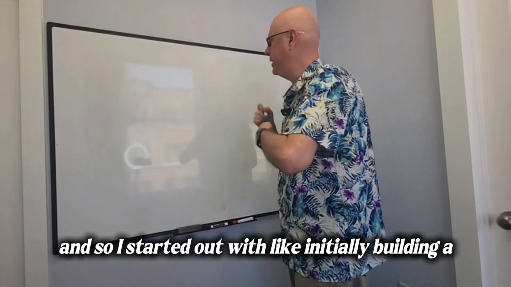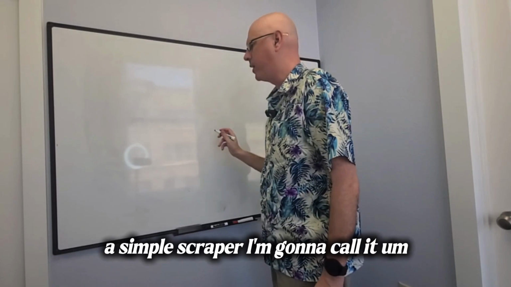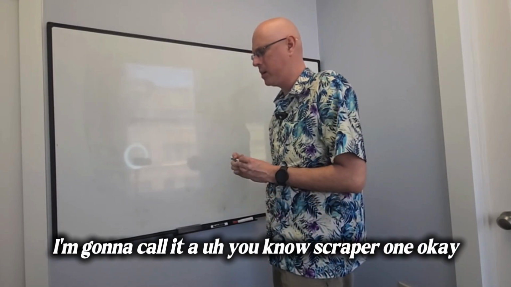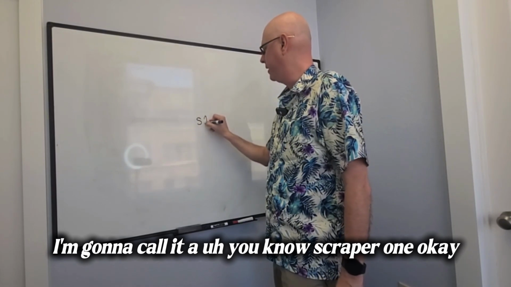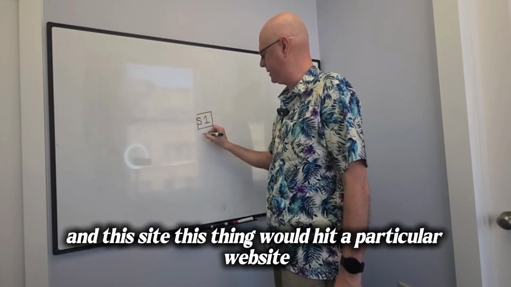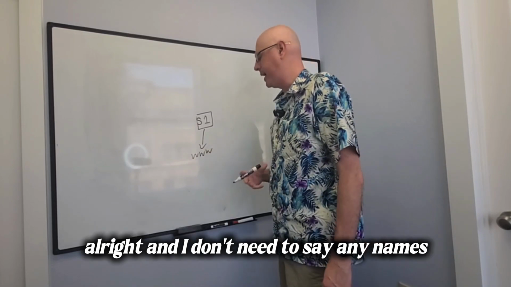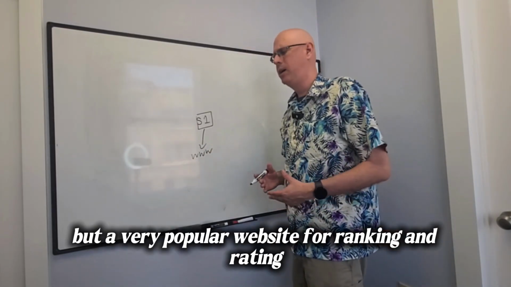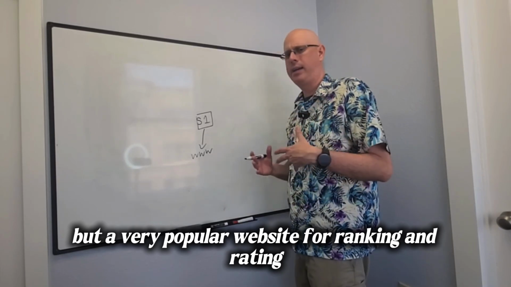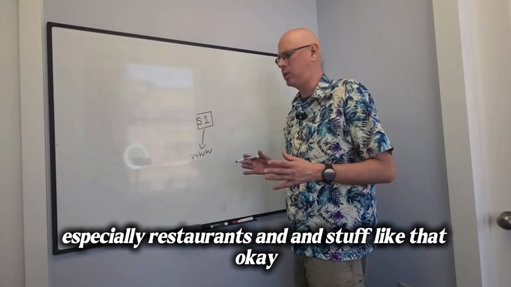So I started out initially building a simple scraper. I'm going to call it scraper 1. This thing would hit a particular website. I don't need to say any names, but a very popular website for ranking and rating businesses, especially restaurants.